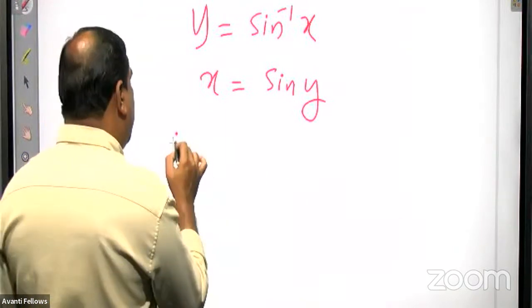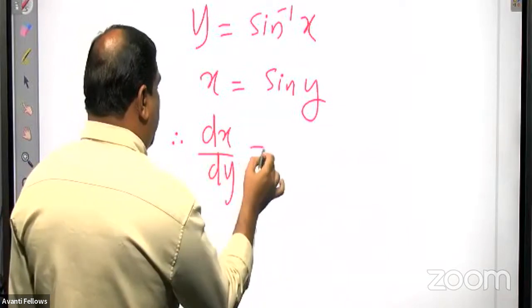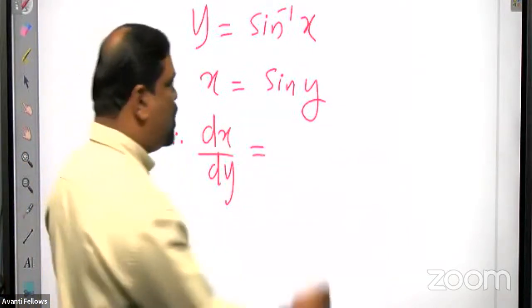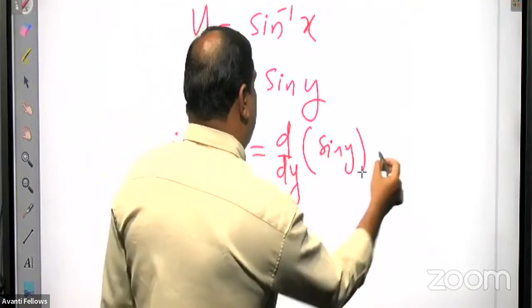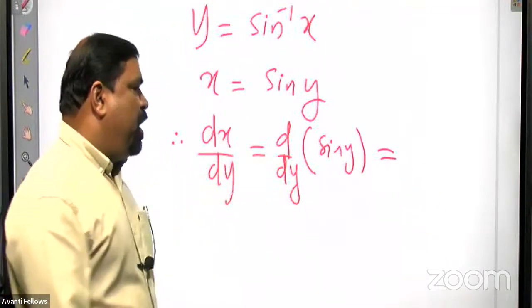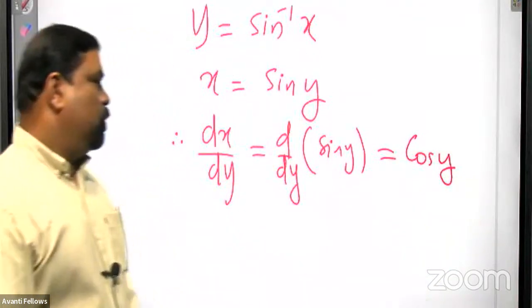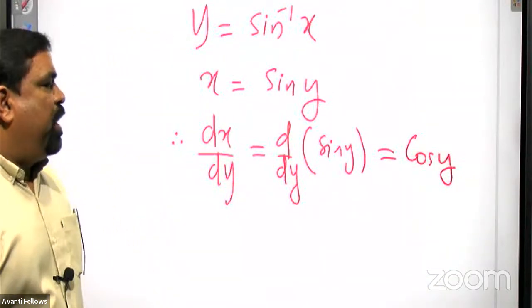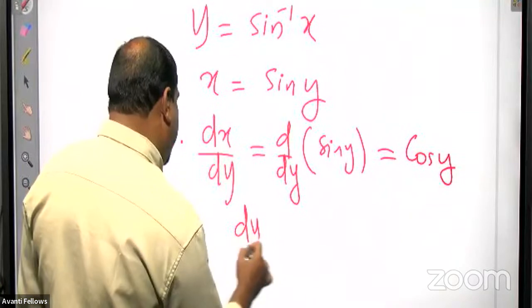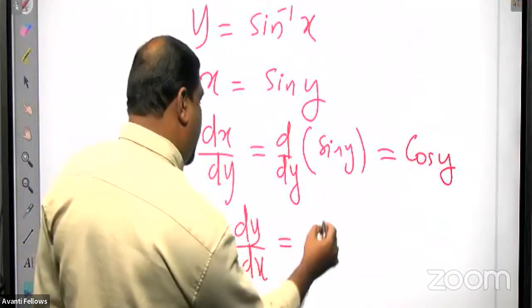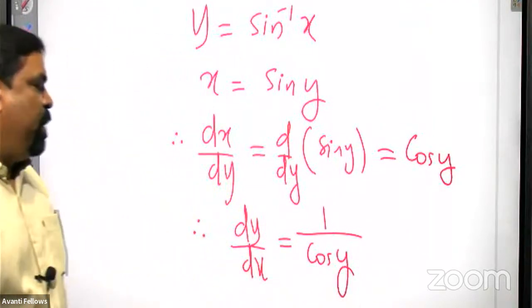Okay, so apply the derivative. We differentiate with respect to y. So dx by dy is d by dy of sine y, which will become cos y. So dx by dy is cos y, and dy by dx will be 1 by cos y.